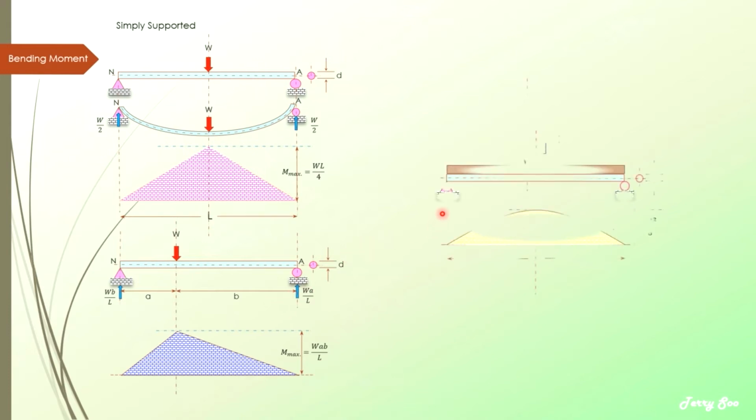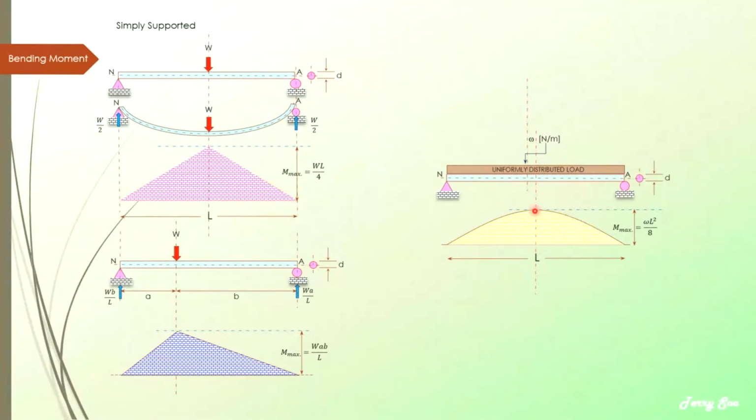Then the next case would be the simply supported uniformly distributed load. I need to remind you again, the uniformly distributed load here usually refers to the self-weight of the shaft.